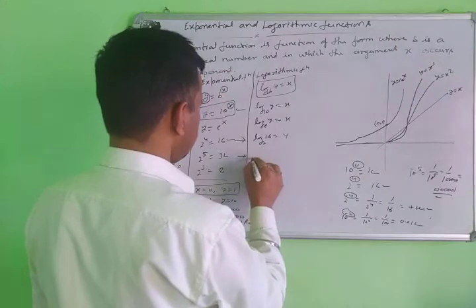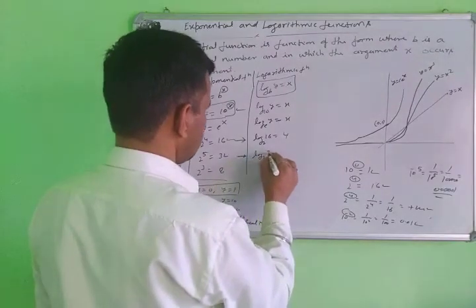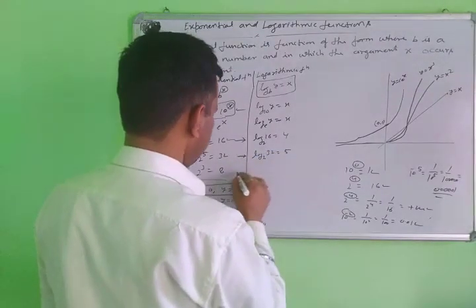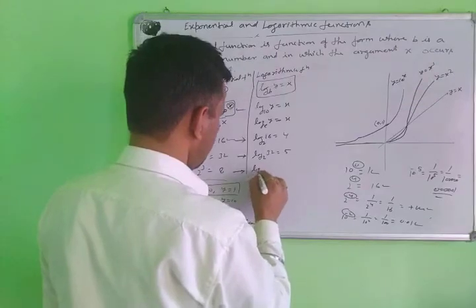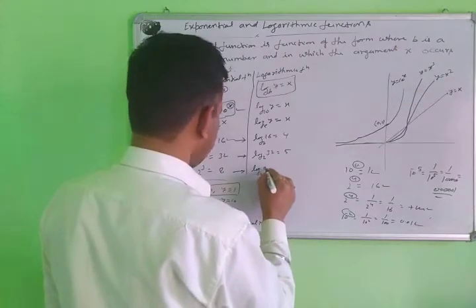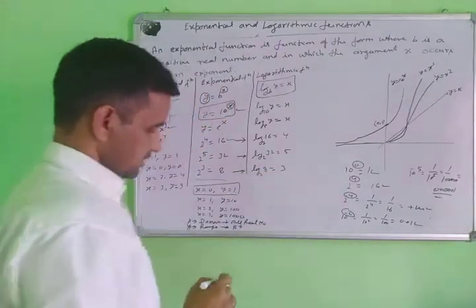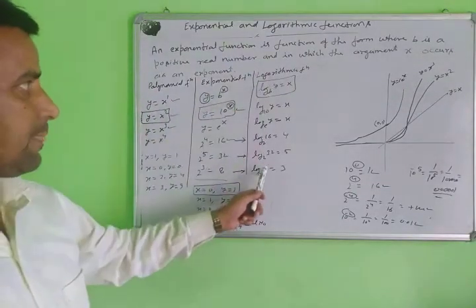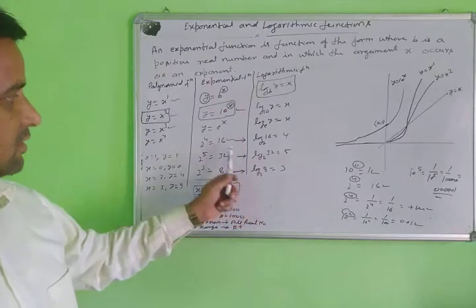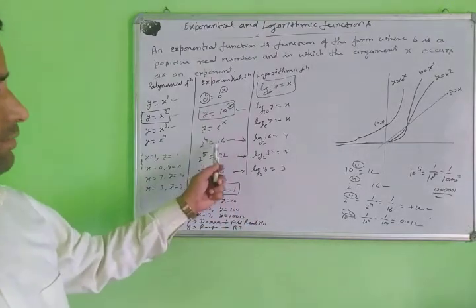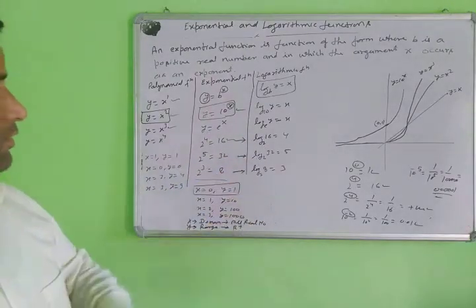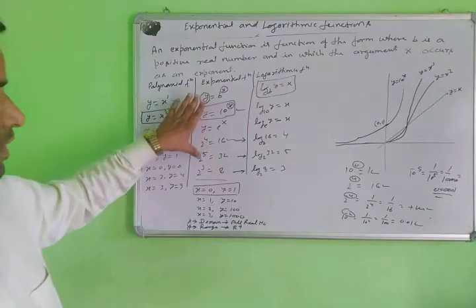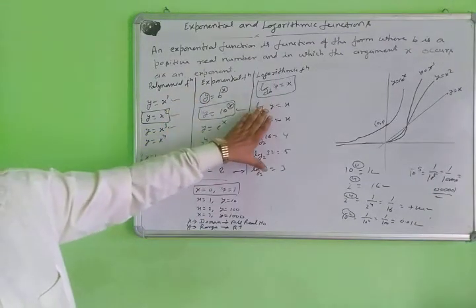And this way we write log base 2 of 32 equals 5, and log base 2 of 8 equals 3. So this is the exponential form and this is the logarithmic form. Every exponential function can be converted into a logarithmic function. Whatever value the exponential form has, you can convert it into the logarithmic function.